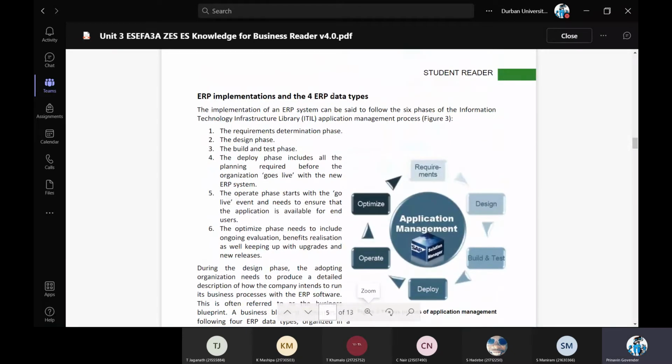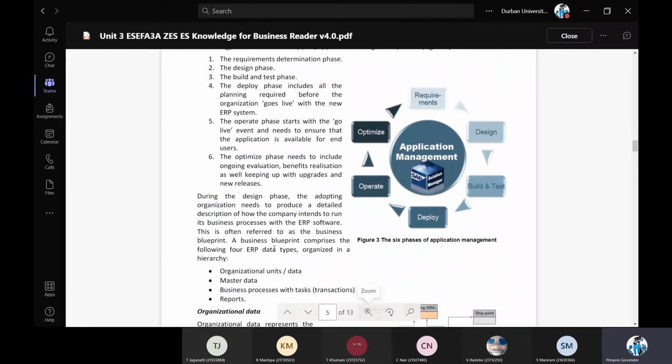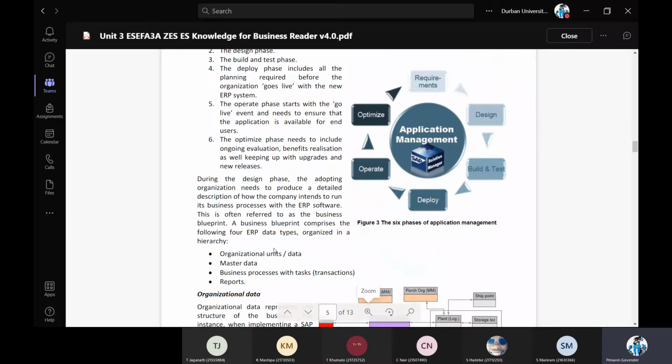ERP implementations and the 4 ERP data types, the requirements data, the design phase, the build, the deploy, operate. All of this is the theoretical knowledge that you need to acquire in order to do the practical work. Like I said, if I was teaching you how to drive, this is the theory.